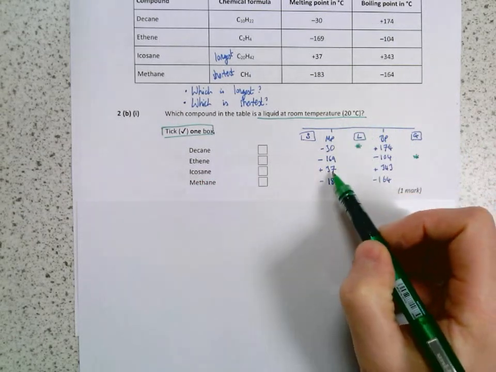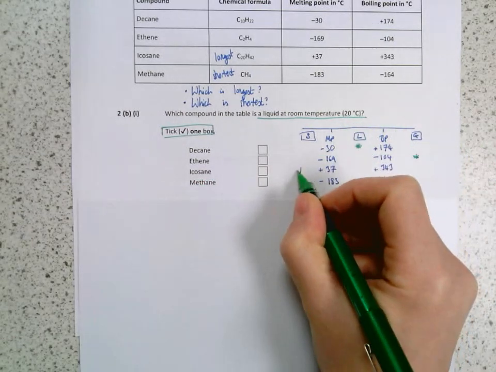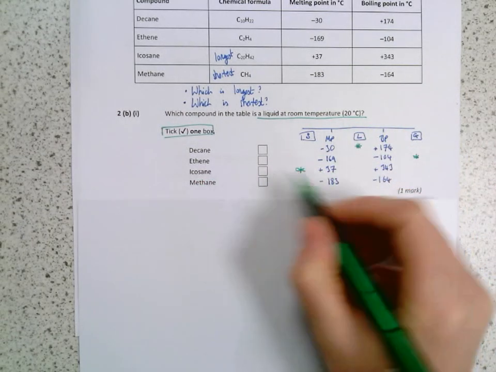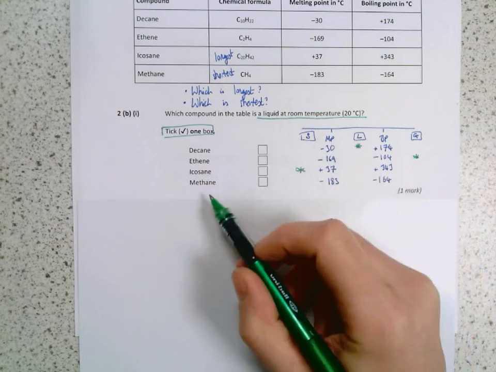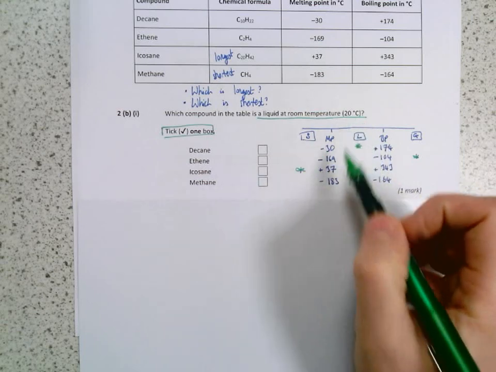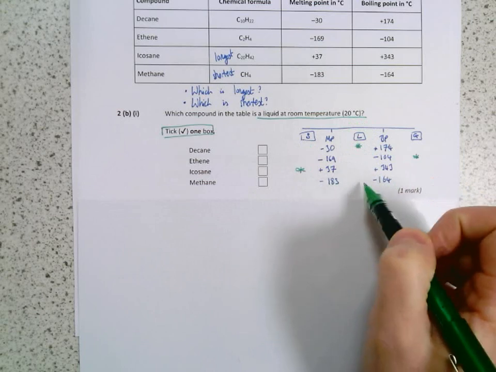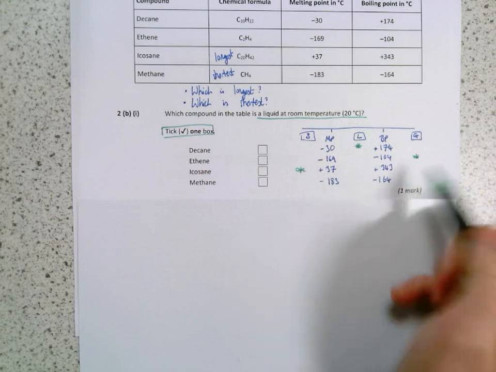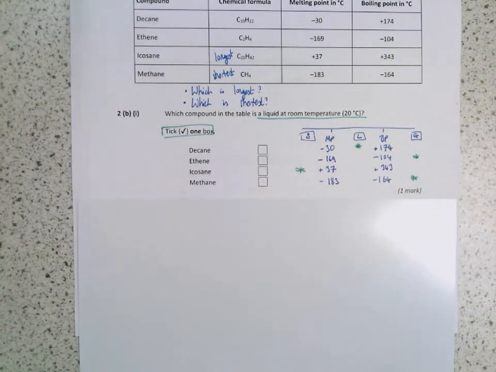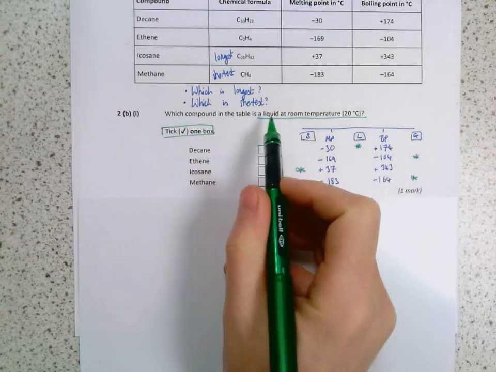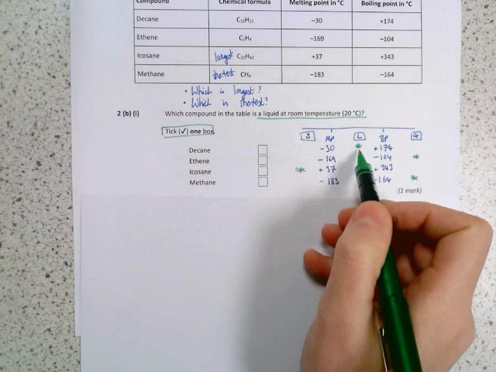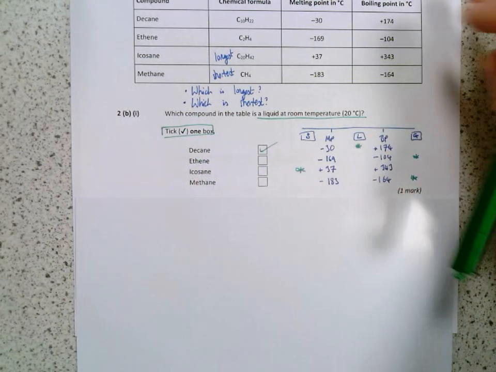Icosane at 20 degrees Celsius is lower than the melting point, so icosane would be a solid at room temperature. And methane at 20 degrees Celsius, it's definitely higher than the melting point and the boiling point, it is a gas. We know about that, it's one of the greenhouse gases, of course. Question was, which one is a liquid? There is only one, and it's decane.